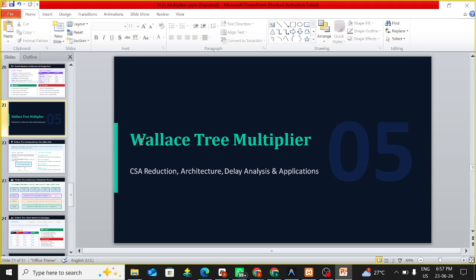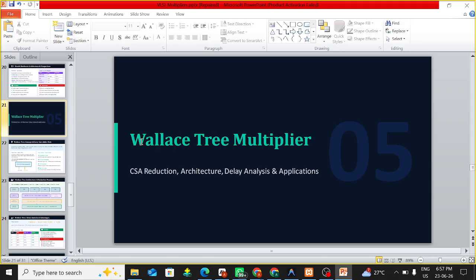Now we will study the fastest multiplier among them, called the Wallace tree multiplier. Like I said, array multipliers are very slow. Why? Because they are in the form of rectangular arrays that work pair by pair, like how your ripple carry adder works.